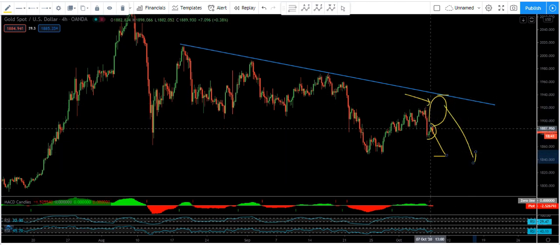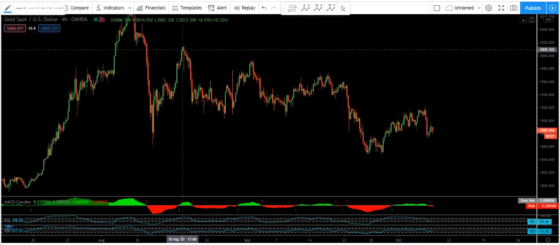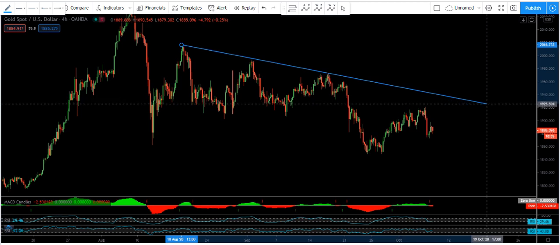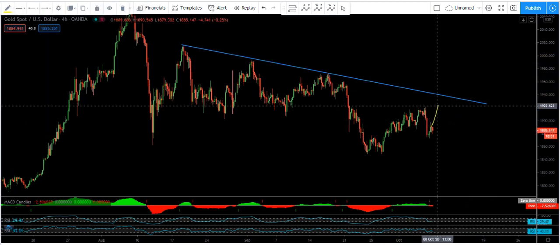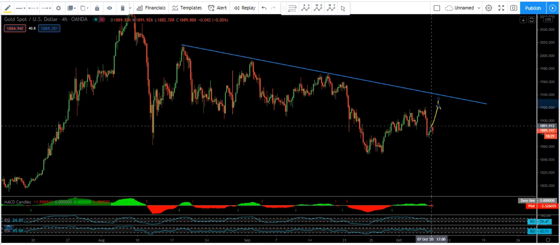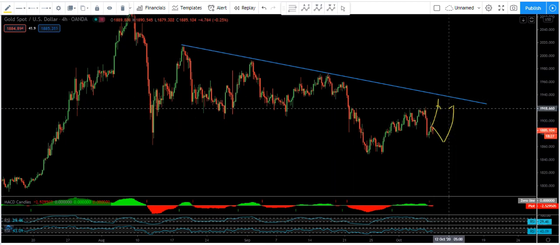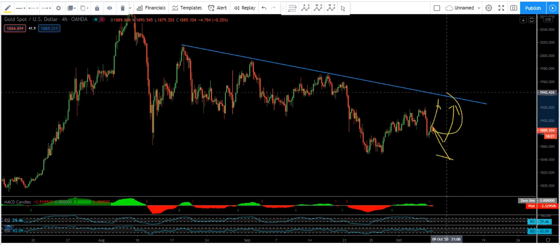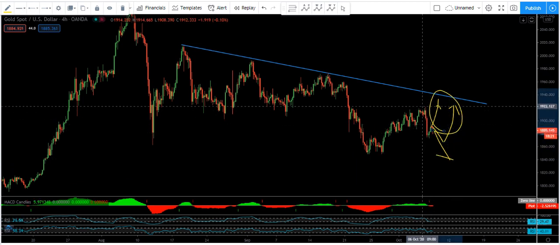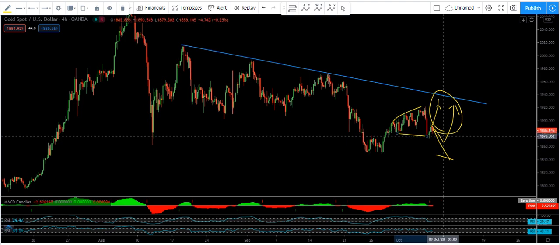In that case, it can start from here or drop, maybe drop back again. The price can continue from here to somewhere here or higher, or drop, or drop without filling this gap, because of this correction I have.